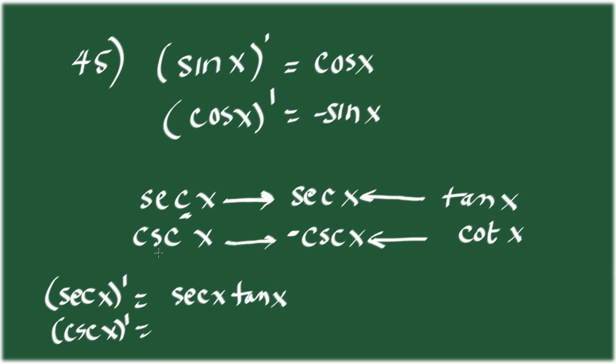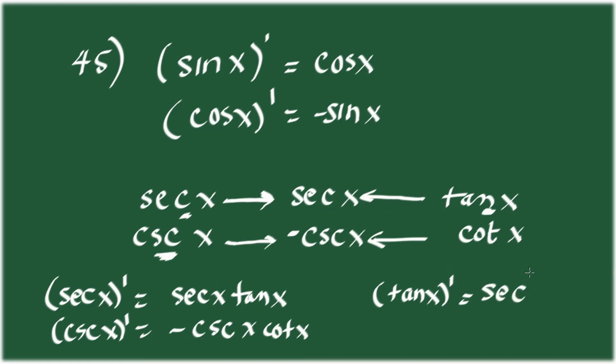On the second row, it's pointing at negative cosecant x cotangent x. So its derivative is negative cosecant x cotangent x. Now, when you are looking for the derivative of tangent x, so now you're coming from tangent x. Now look, it's pointing at secant x, also another secant x. So its derivative is secant squared x.